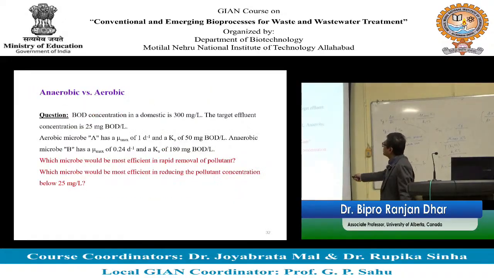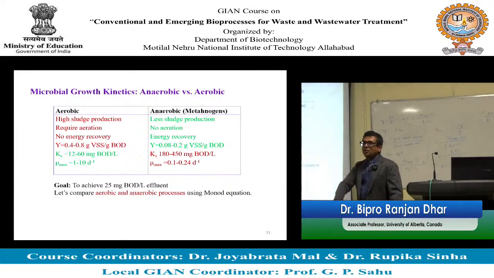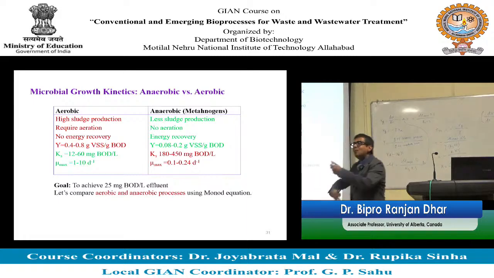For the anaerobic microbe, we consider 0.24 per day and Ks 180, the lowest Ks value. So it is the most unfavorable situation for aerobic and the most favorable situation for anaerobic. And now we are comparing.